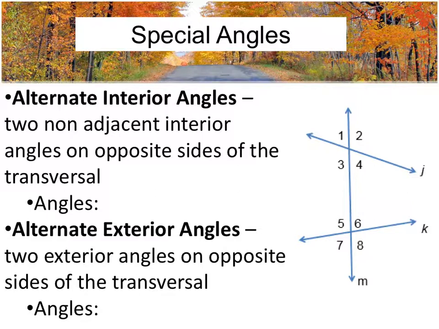All right, so it's special angles. Again, some more vocab, okay? And the first is called alternate interior angles. Alternate interior angles are two, so these come in pairs, two non-adjacent interior angles on opposite sides of the transversal.